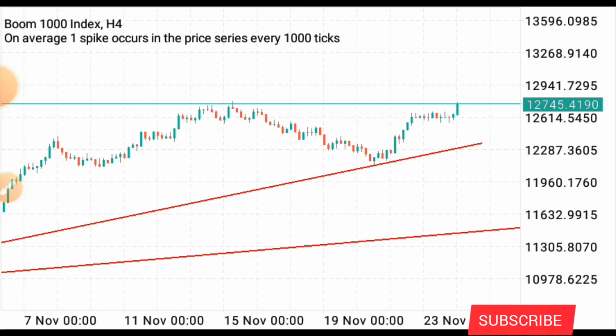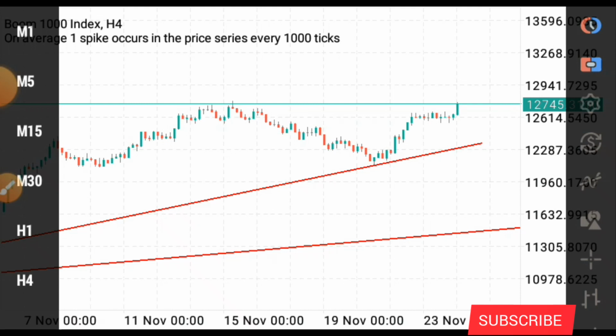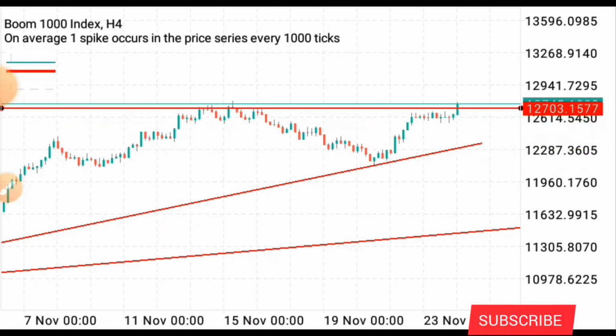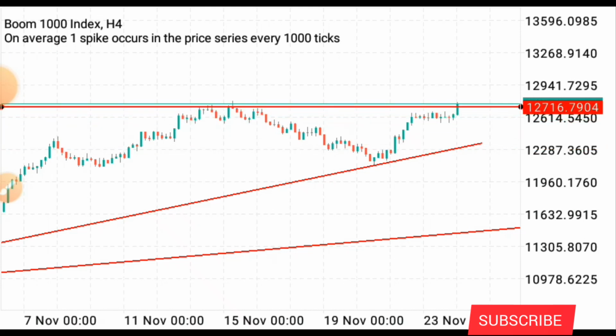So now I will make sure to mark out the support and resistance zone, the horizontal support and resistance zone. So now what I do, I bring out my trend lines, my horizontal support and resistance line, right?